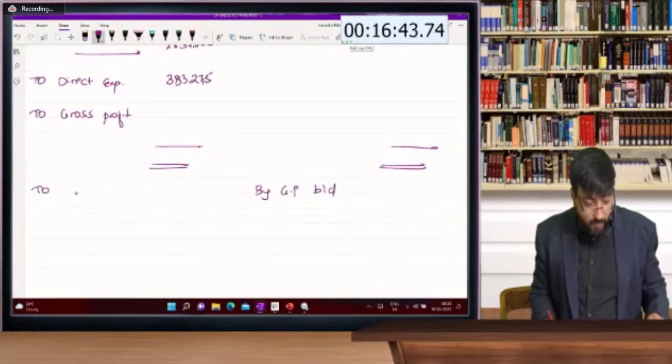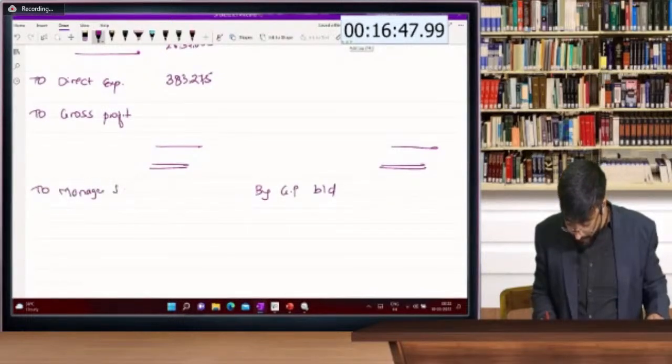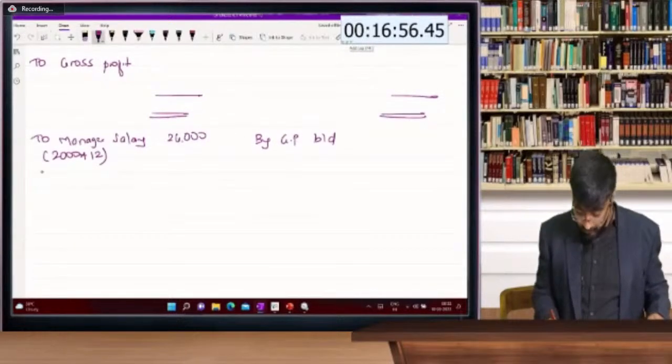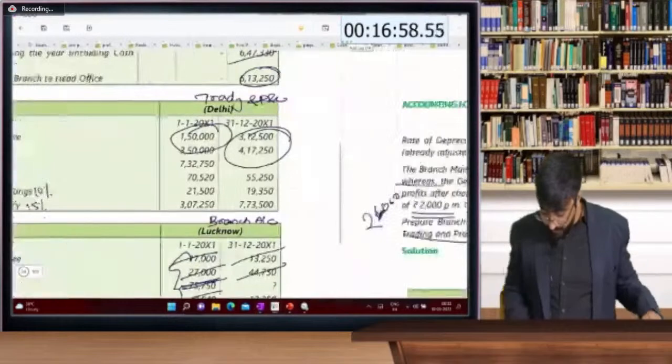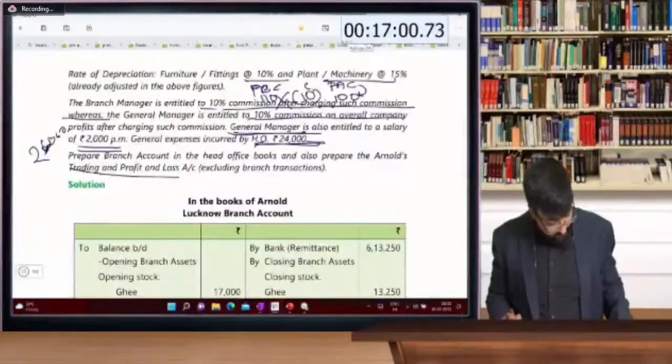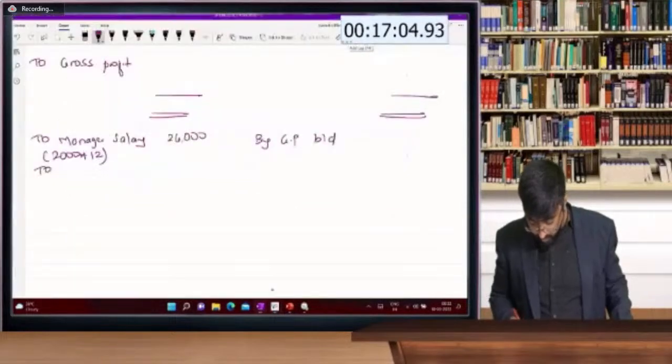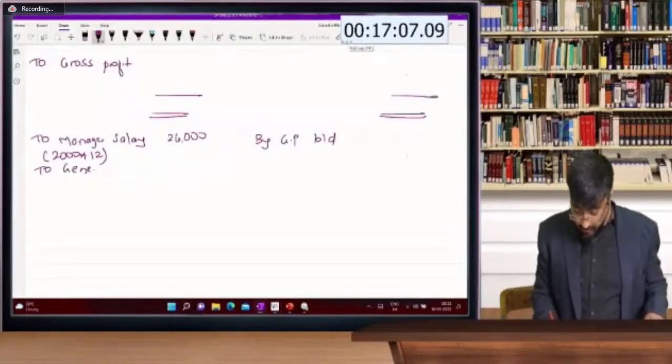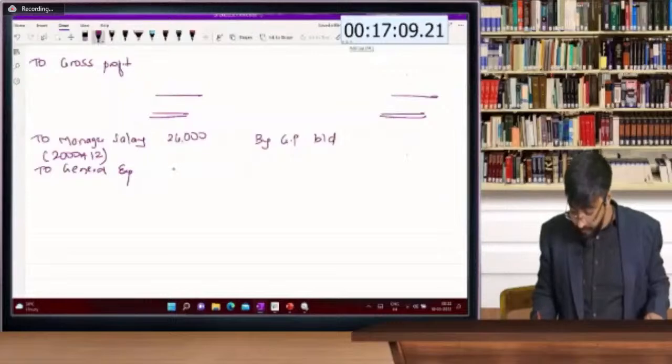To manager's salary, 2,000 per month into 12, 24,000. In the last paragraph you have to general expense 24,000.